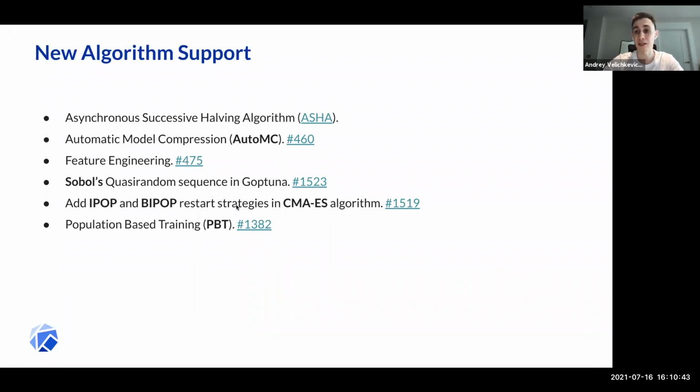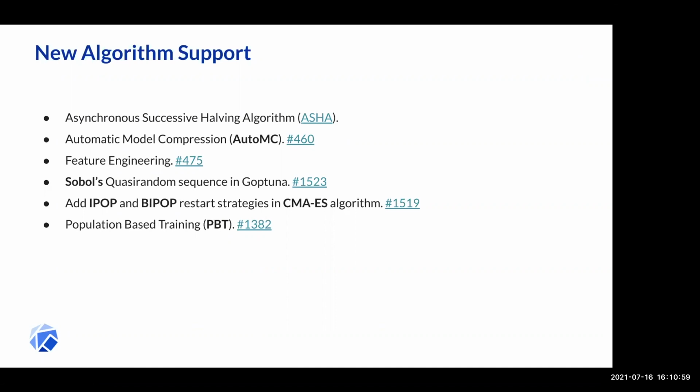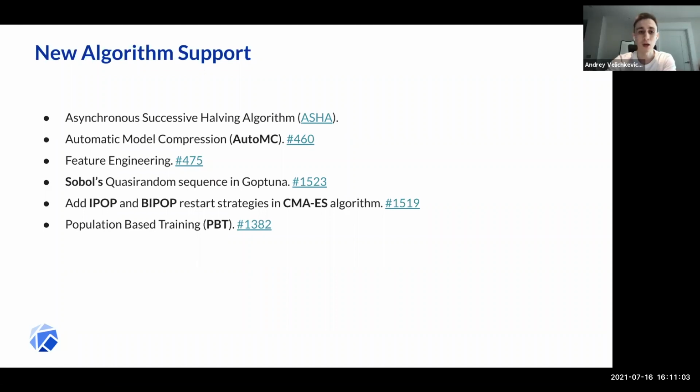As I mentioned, we're trying to make Katib not only for hyperparameter tuning, but at the same time for AutoML. Currently we support neural architecture search and hyperparameter tuning. But we're also trying to support some fancier AutoML features such as feature engineering, model compression, and population-based training.